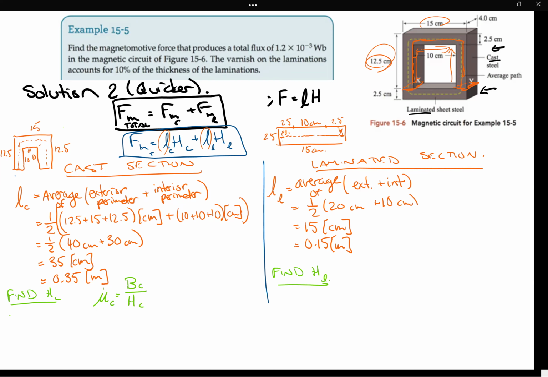If we can find this permeability, then we can find H because we have BH curves. And BH curves, if we need to re-explore that, we have lots of resources and videos for that. The slope of the BH curve is where you get permeability. So this is known for cast material, and then it's known for laminated steel as well.